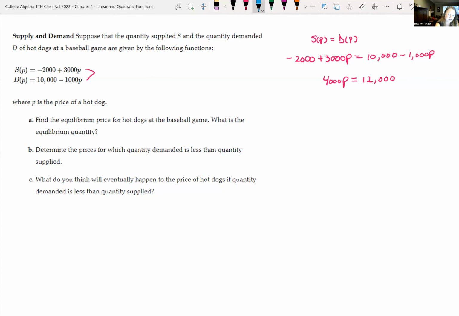Then let's divide both sides by 4,000, and we get P is equal to 3. So supply is going to equal demand when the price of the hot dog is $3.